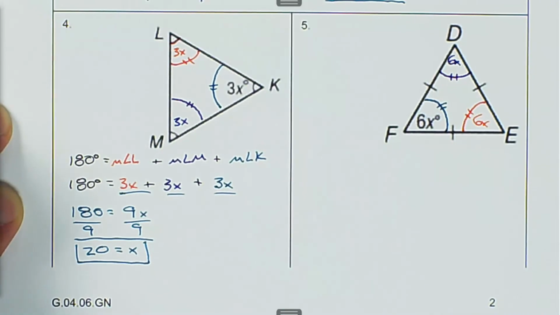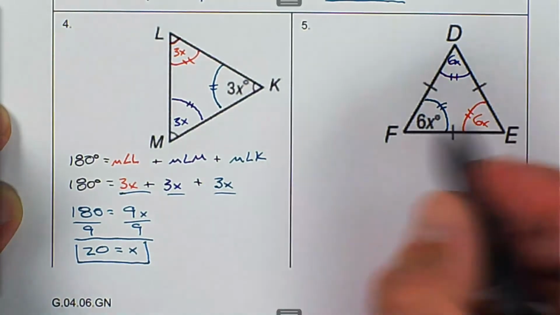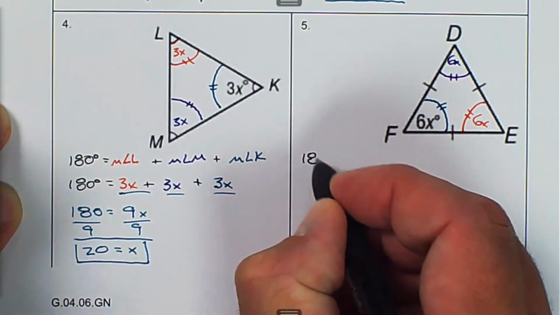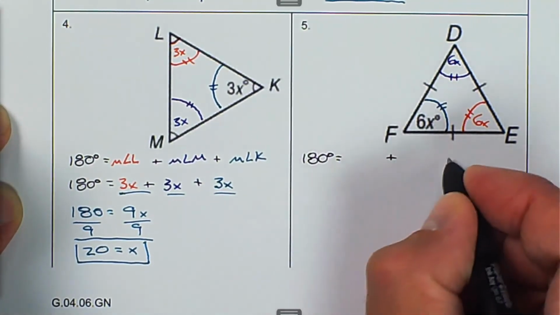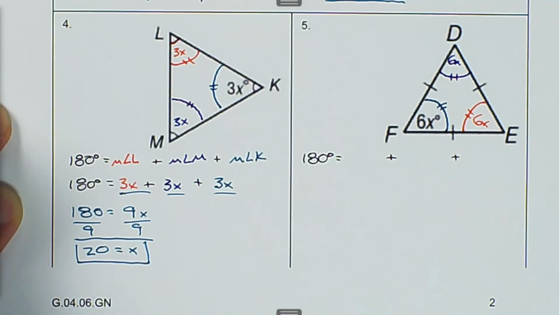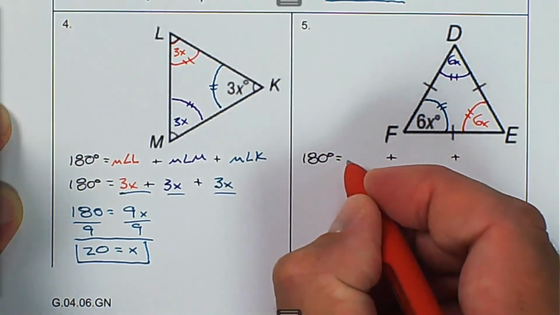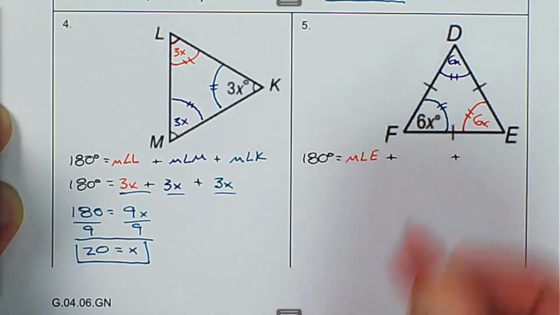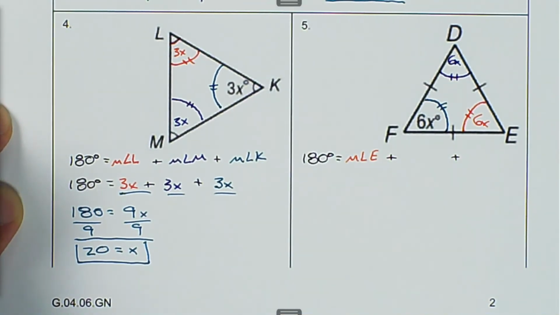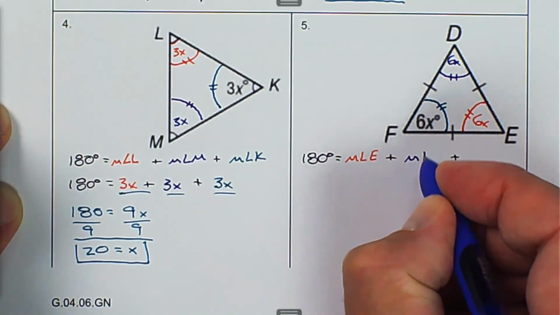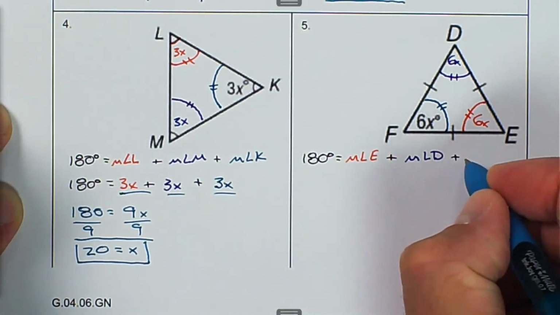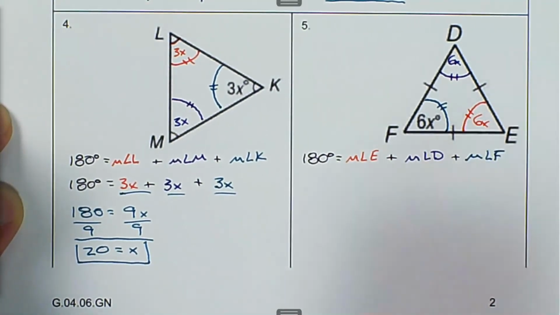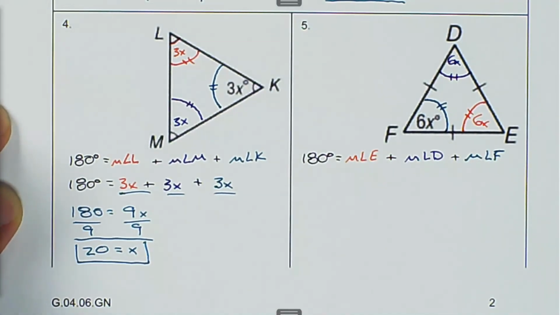We can do the same thing that we did before, the triangle sum theorem. So 180 degrees is equal to all of the angles added together. So measure of angle E plus the measure of angle D plus the measure of angle F. And we can substitute in those values that we know.